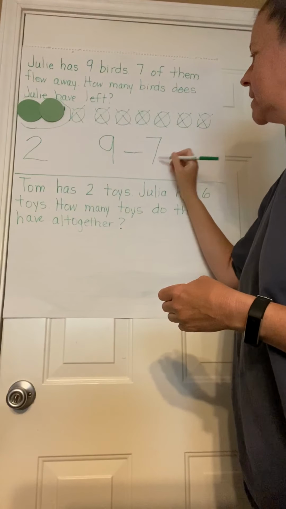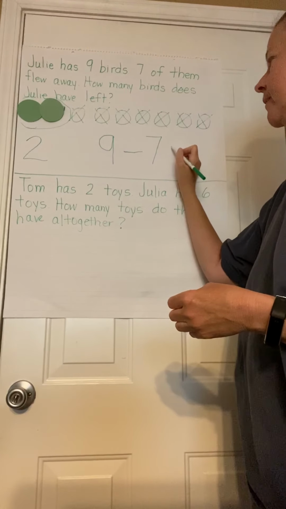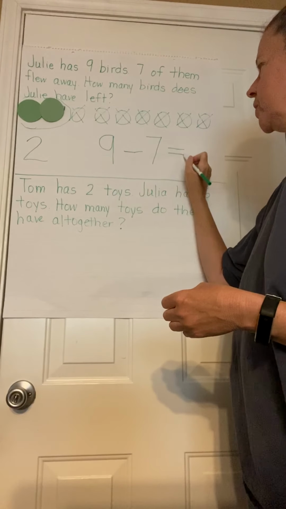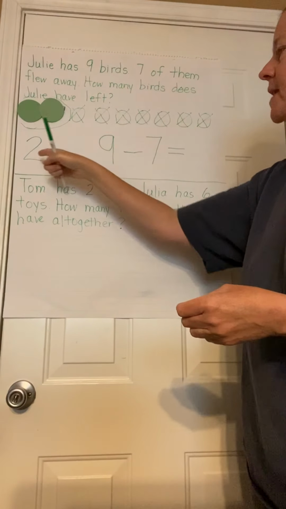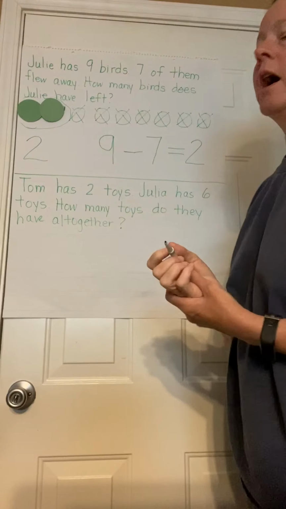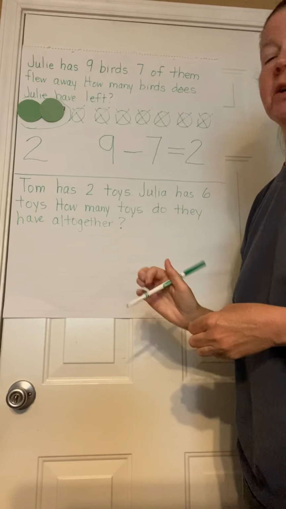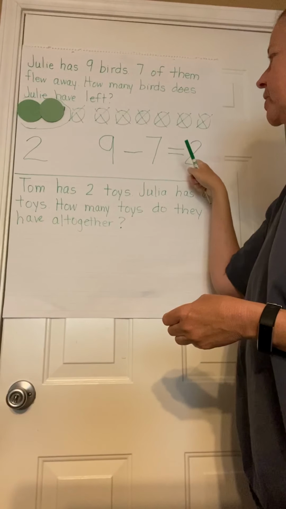So 9 minus 7, and what's the next symbol in our equation? Yes, equals, which is a line and a line. 9 minus 7 equals, how many did she have left? 2. All right, let's read that equation together. 9 minus 7 equals 2.